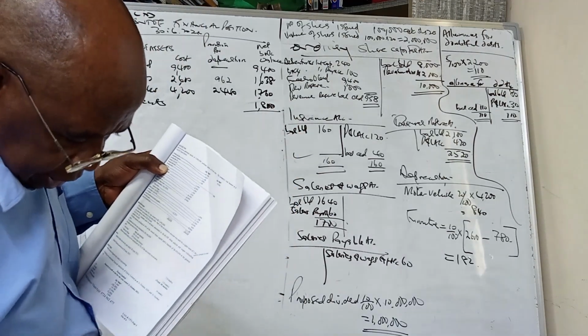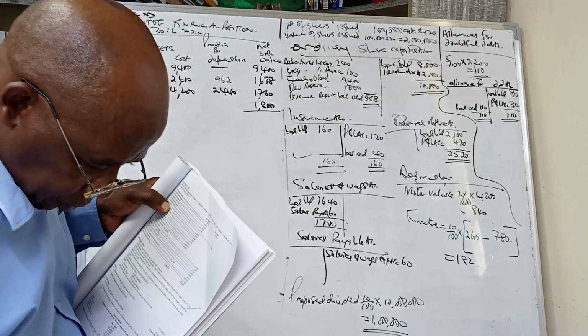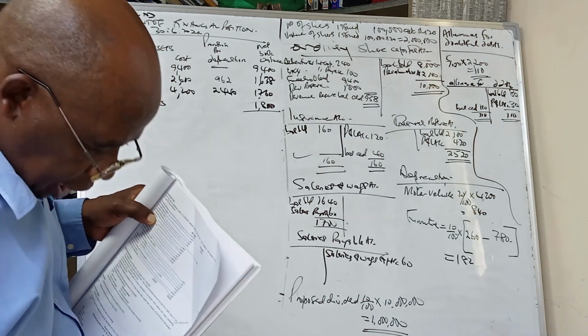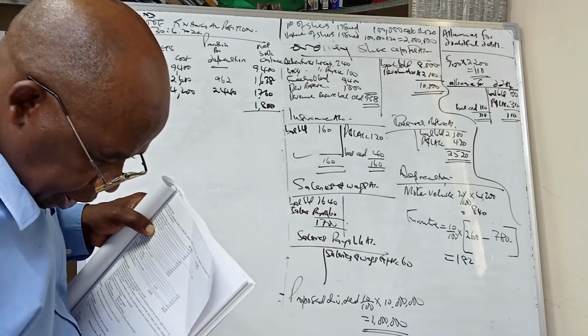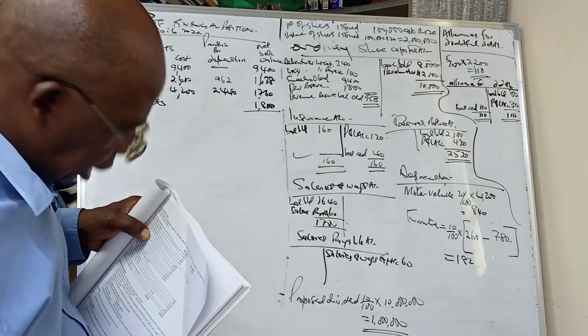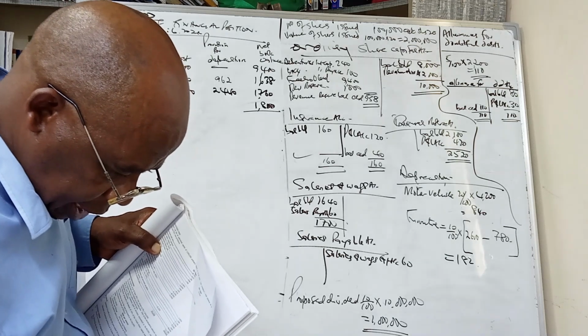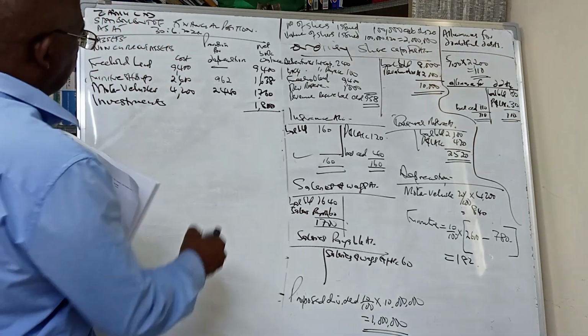If you add the items, 9,400 plus 1638 plus 1760 plus 1,800, we get a figure of 14,598.